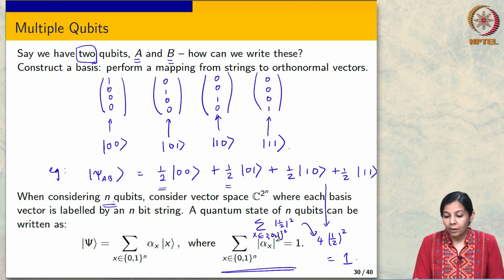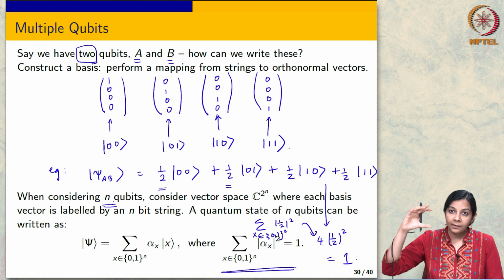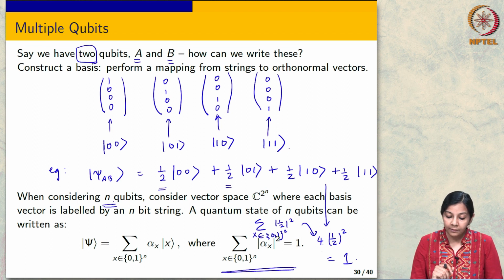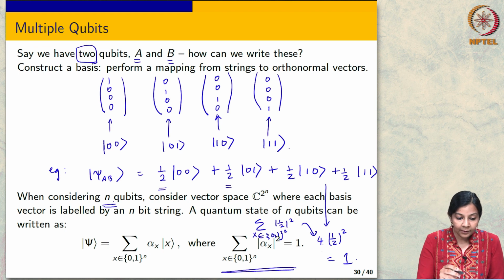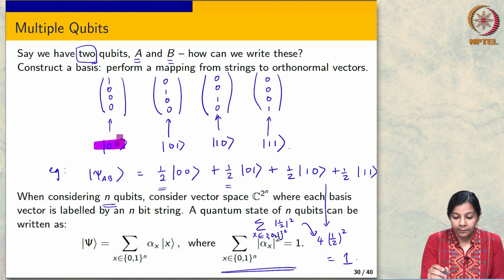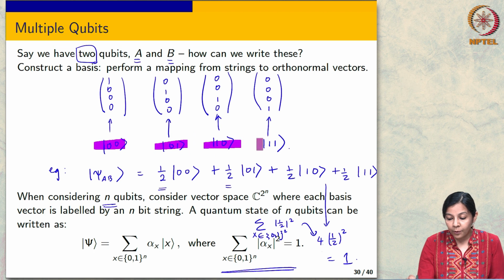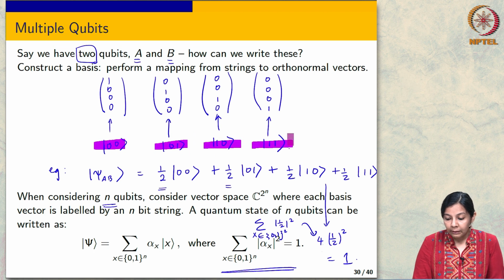So now instead of 2 to the 2, I'll have 2 to the n as the dimension of my basis vectors. And for simplicity, as I did before, I'm going to let each basis vector correspond to a state of size d, right.